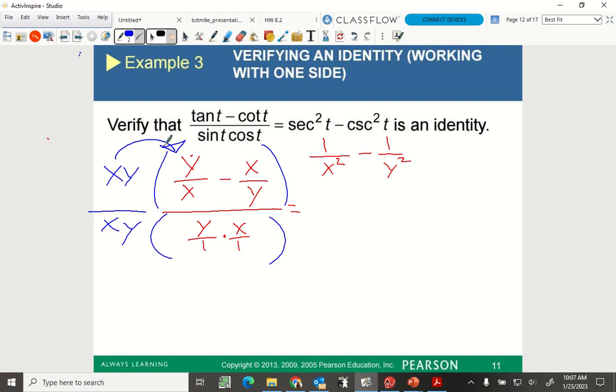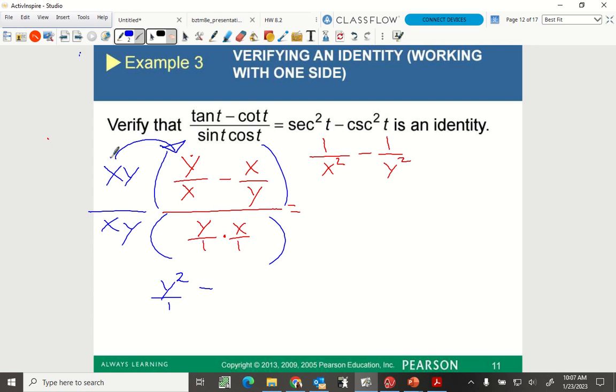Because I'm multiplying here, and I'm dividing on the bottom. So the x's will cancel. That means I'm just going to have y times y, which is y squared, minus. I could put it over 1 if you want, but it's not going to be necessary.